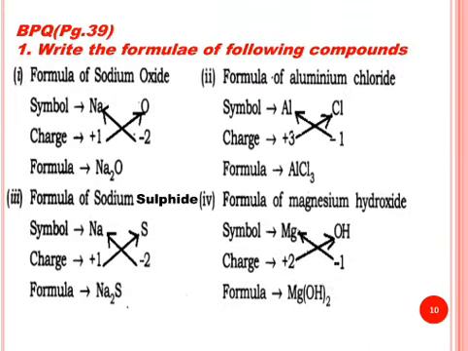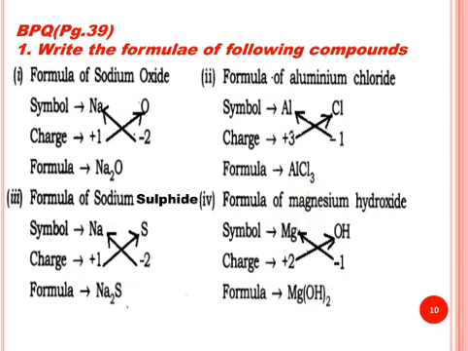Now students, answer some questions given on page 39 of chapter 3 in your science textbook as blueprint questions. Write the formulae of the following compounds: sodium oxide, aluminium chloride, sodium sulfide, magnesium hydroxide.